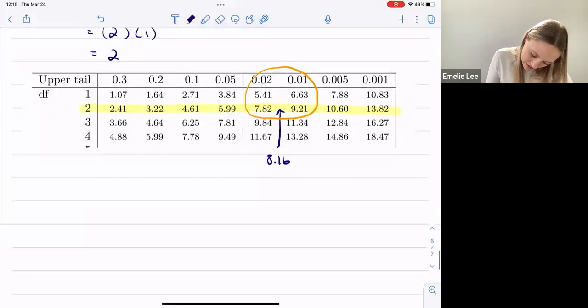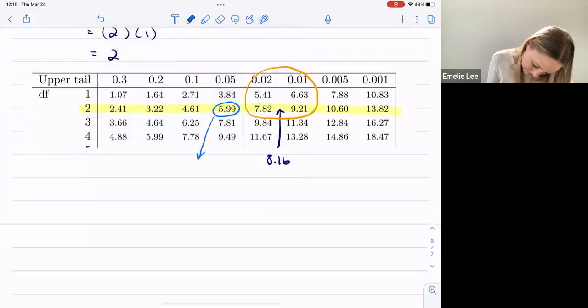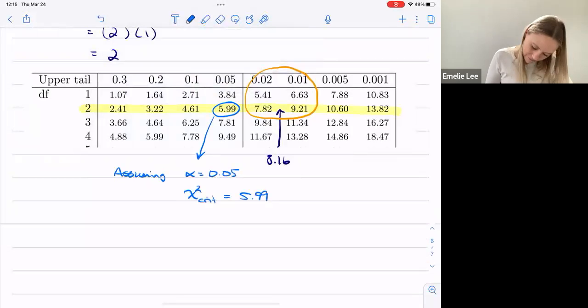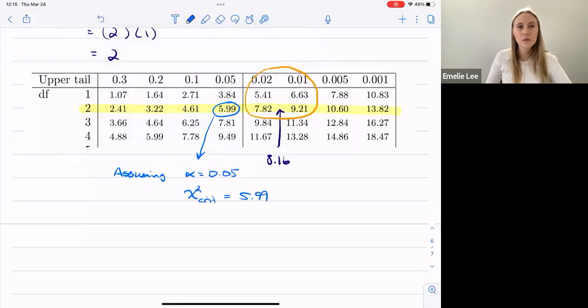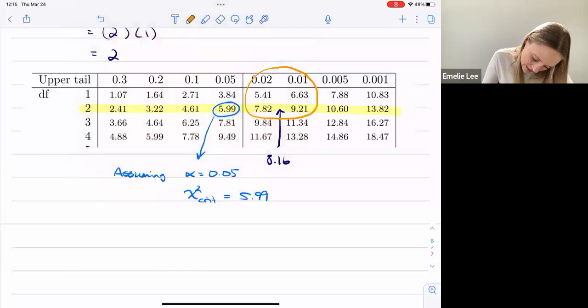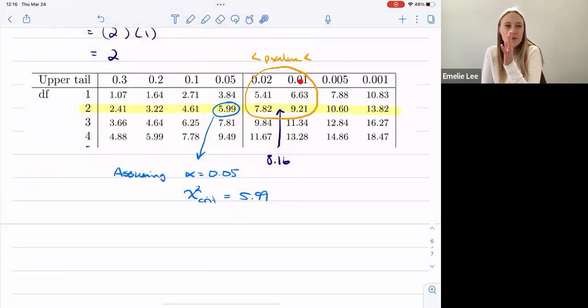So here, let's say, assuming alpha is 0.05, the chi-squared critical is 5.99. Or the p-value is somewhere between, and notice how we have to read these from right to left, right?